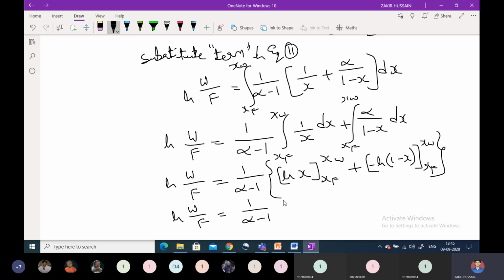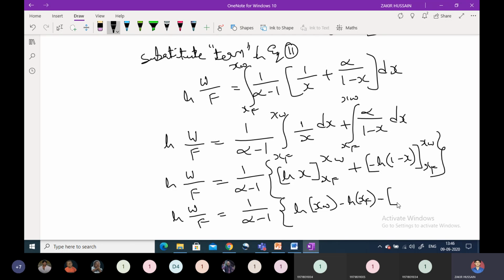So limit substitution is upper limit minus lower limit. 1 by alpha minus 1 into, this is upper limit minus lower limit, we can write. So this one is ln xw minus ln lower limit xf plus, so this minus is there, we can take this minus outside.